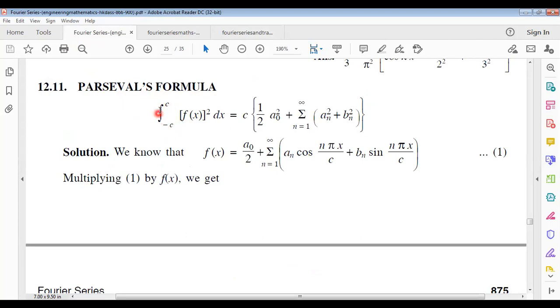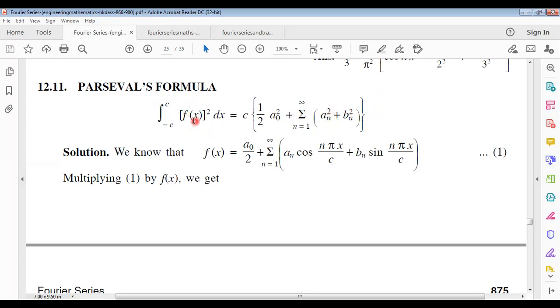Here twice c is the interval, minus c to plus c, the integral of f of x whole square dx equals c into the bracket a naught by 2 whole square, that is a naught square by 2, plus the summation n equals 1 to infinity of a_n square plus b_n square. Here a naught is the Fourier cos coefficient for n equals 0, a_n is the Fourier cos coefficient, and b_n is the Fourier sine coefficient, for any arbitrary interval. This is actually Parseval's formula or identity for the Fourier expansion of f of x.